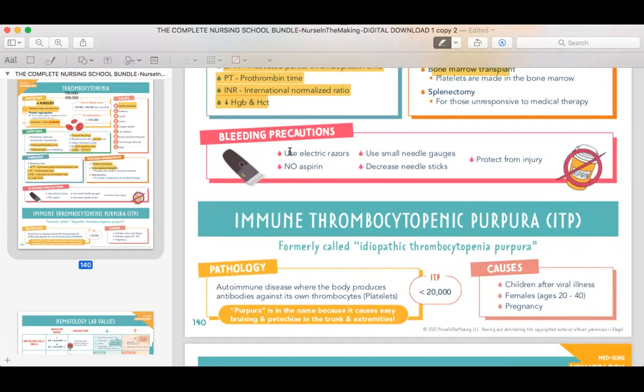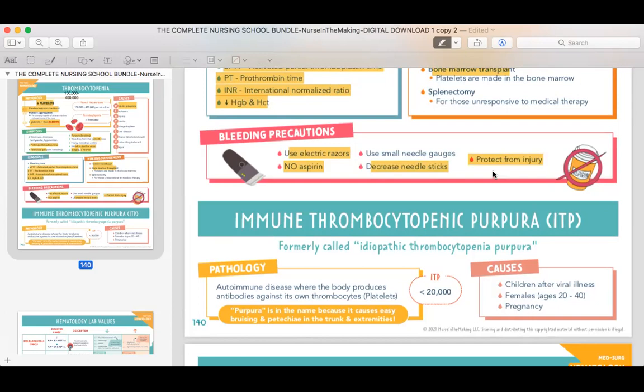For patients that are on warfarin, on heparin, or any anticoagulants or any antiplatelets, you always want to use electric razors. No aspirin because it causes bleeding. Decrease needle sticks and protect from injury. Don't be playing any contact sports. So no contact sports, no electric razors, soft toothbrush, no aspirin.